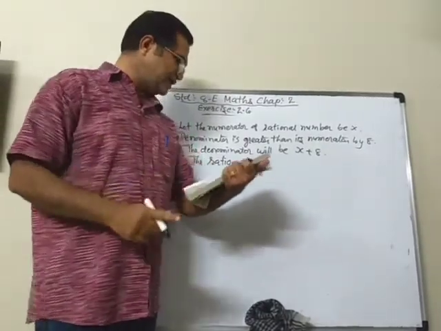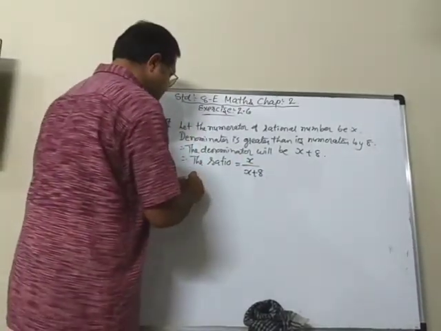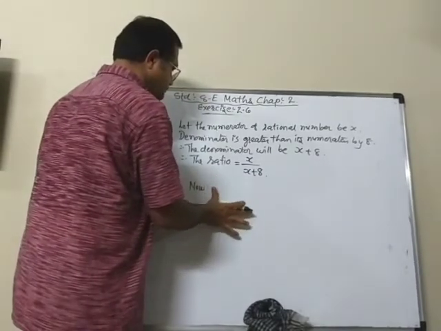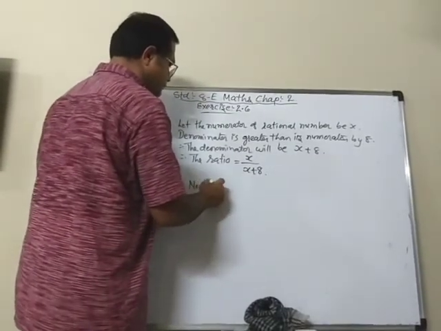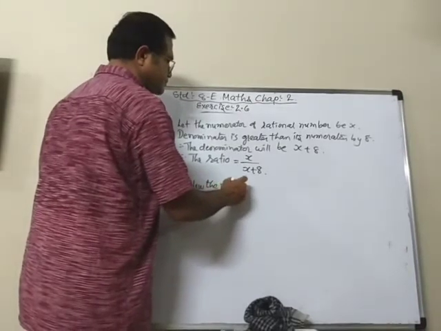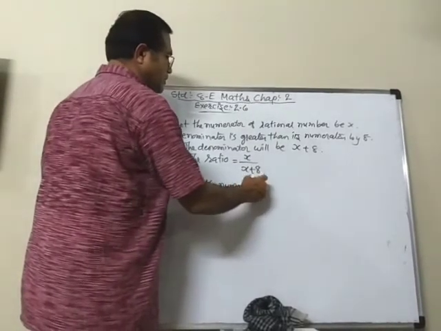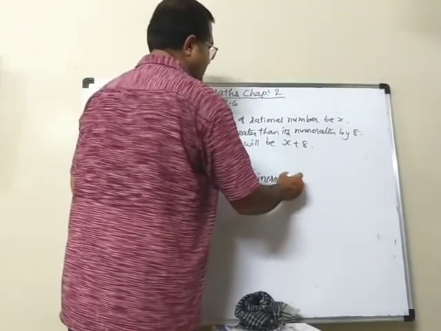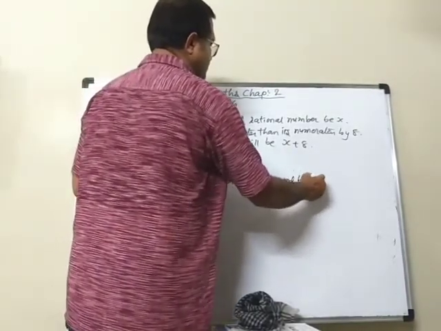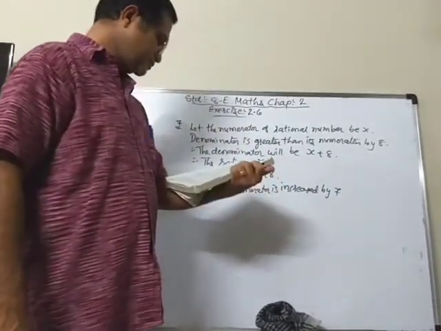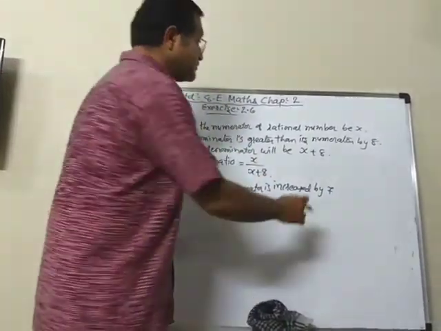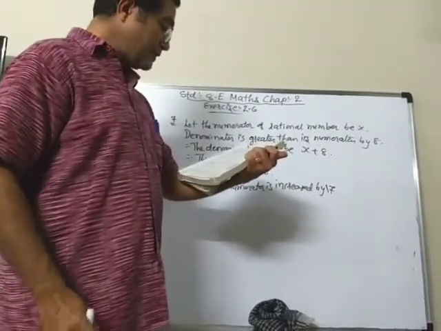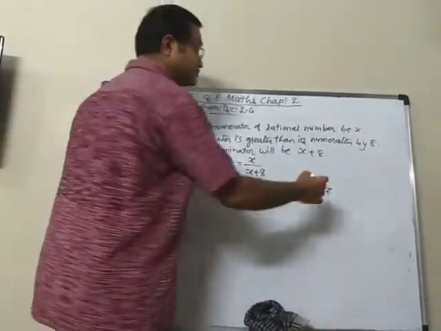If the numerator is increased by 7, now the numerator is increased by, not 7, 17. Okay. By 17, and denominator is decreased by 1.